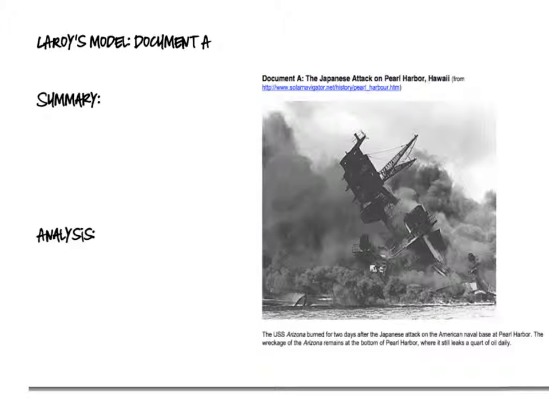So I see document A. The first thing I'm going to ask myself is, what do I see? I see, obviously, it's document A. I see the Japanese attack on Pearl Harbor, Hawaii. So I know what this is. I also see some words down here, so I'm going to read them. The USS Arizona, which I'm going to naturally assume that's what that is, burned for 2 days after the Japanese attack on the American naval base at Pearl Harbor.